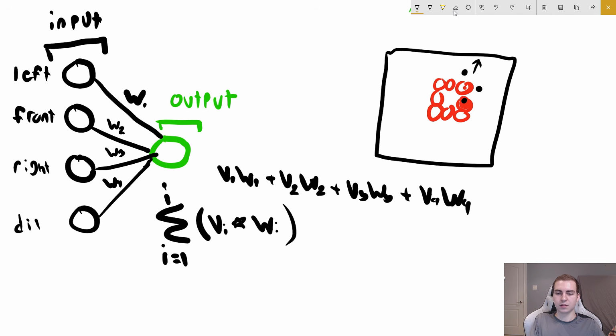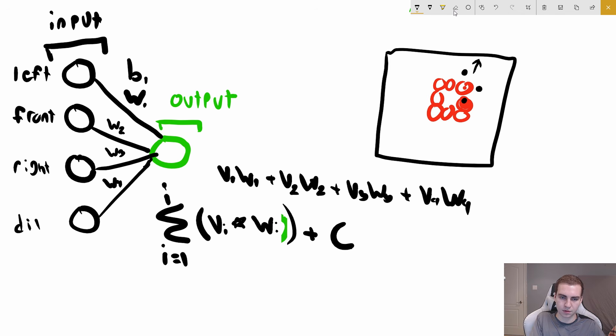Now, there's one thing that we have to add to this as well, and this is what is known as our biases. So we're going to take this weighted sum, but we're also going to have some kind of bias on each of these weights. This bias is typically denoted by C, but essentially it is some value that we just automatically add or subtract. It's a constant value for each of these weights. So all of these connections have a weight, but they also have a bias.